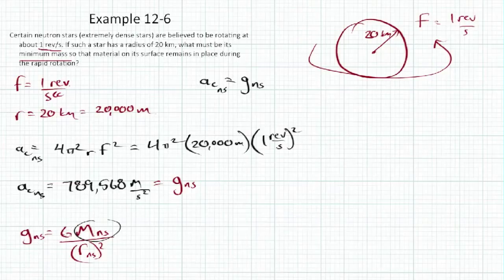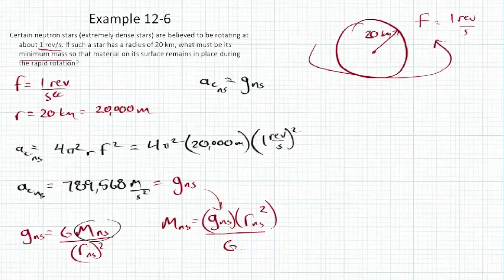We know the gravity, we know G, and we know the radius. So let's simply rearrange this. Mass of the neutron star is going to have to be equal to the gravity of the neutron star from right up above here times the radius of the neutron star squared divided by our gravitational constant G.